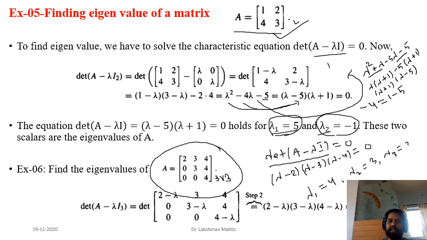This matrix is actually an upper triangular matrix. So if you have an upper triangular matrix or a lower triangular matrix, then the elements appearing along the diagonal happen to be the eigenvalues of the corresponding matrix. That's why I wrote this equation directly, and these are the eigenvalues you can directly visualize in an upper triangular or lower triangular matrix.